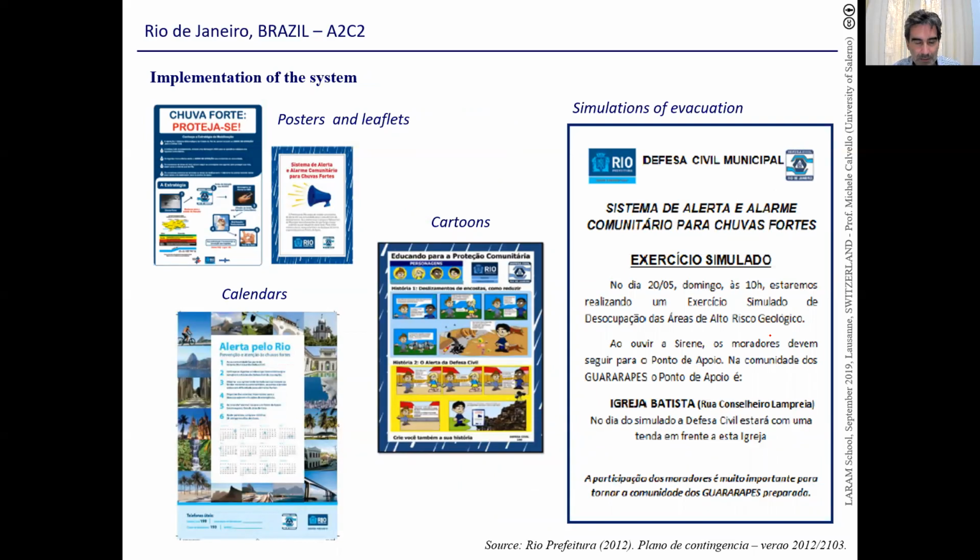Another important part of the early warning systems in general, but of this one in particular, because now we're talking about this one, is the dissemination of the information, what we call communication and education. So communication and education goes on with activities that include the production of posters, leaflets, calendars, cartoons for the youngest, but also with simulated exercises of evacuation.